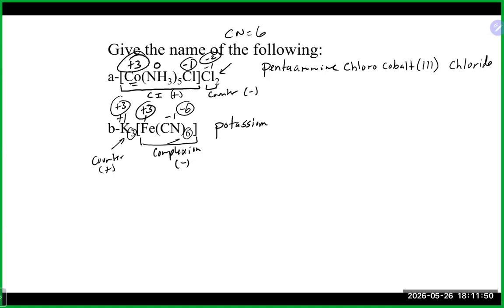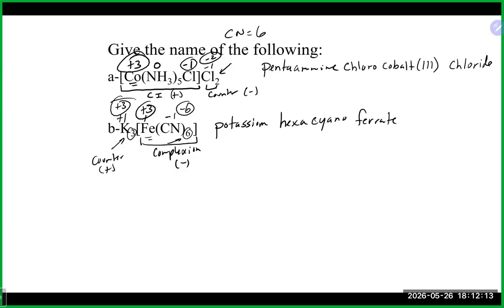Here we have now our complex ion part. We got 6. So the prefix for 6 is hexa. Cyanide is cyano. So that's hexacyano. And here, because our complex ion, once again, is negative, we have to go with kind of the older school name. So instead of iron, this is going to be a ferrate situation.